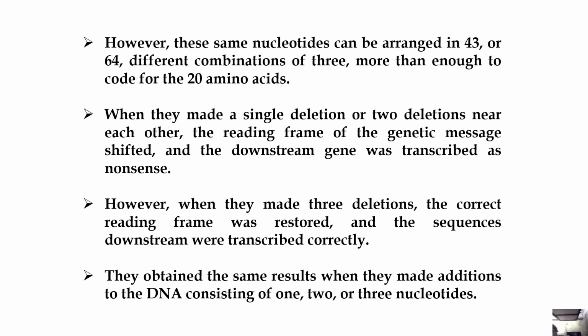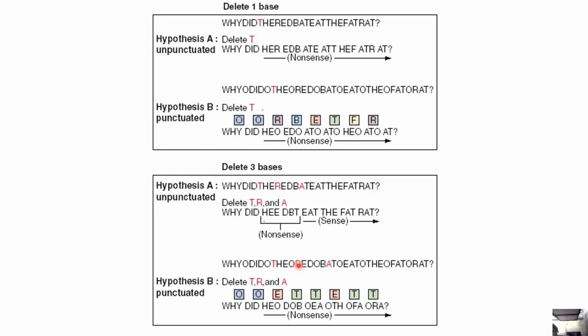When they made a single deletion or two deletions near each other, the reading frame of the genetic message shifted and the downstream gene was transcribed as nonsense. However, when they made 3 deletions, the correct reading frame was restored and the downstream sequences were transcribed correctly. So they obtained the same result when they made additions to the DNA consisting of 1 or 2 of these nucleotides.